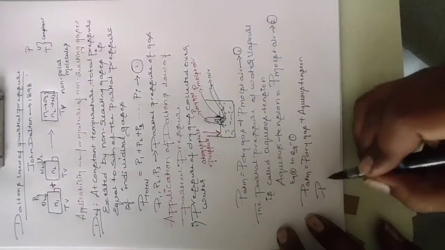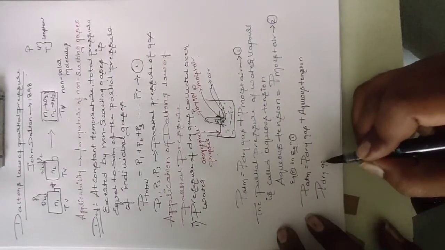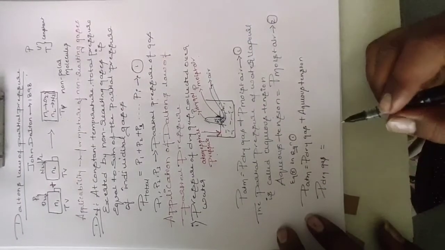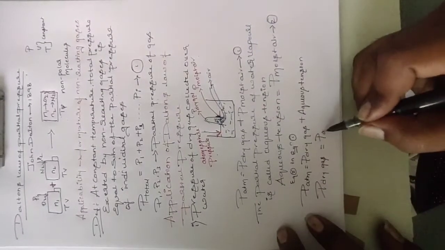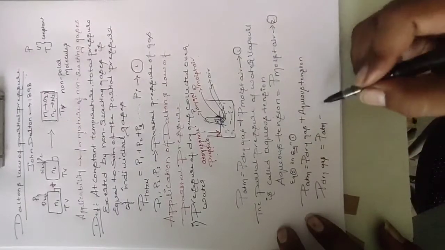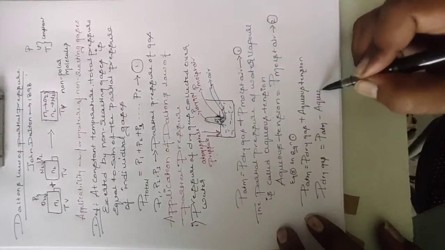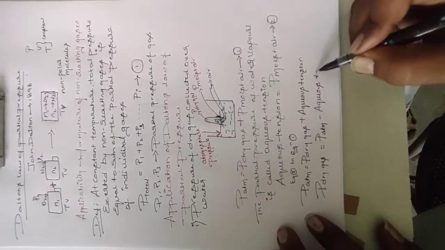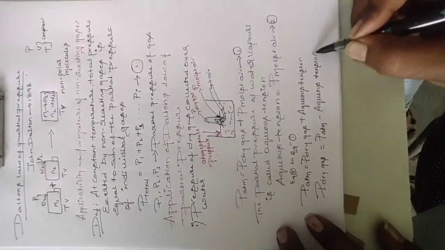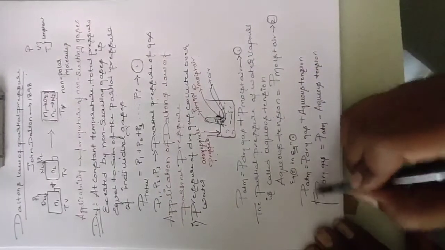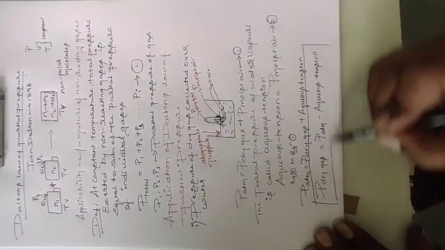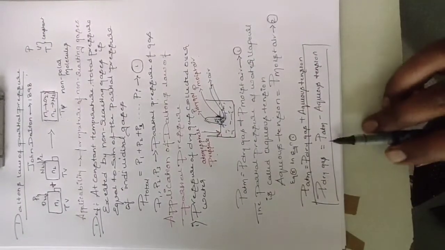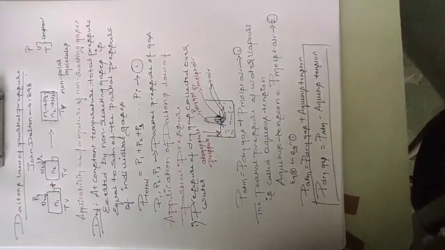The pressure of dry gas equals pressure of atmosphere minus aqueous tension. You see, we got the formula to find pressure of dry gas equals pressure of atmosphere minus aqueous tension.